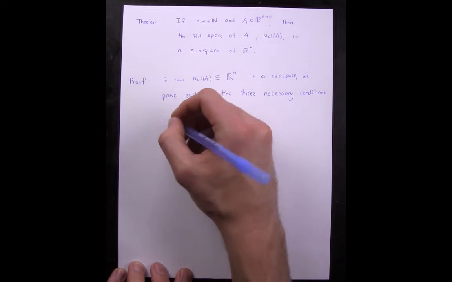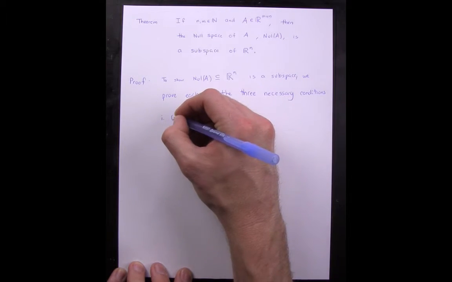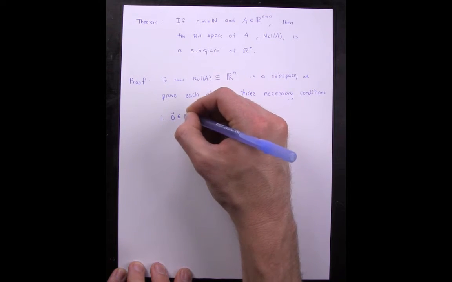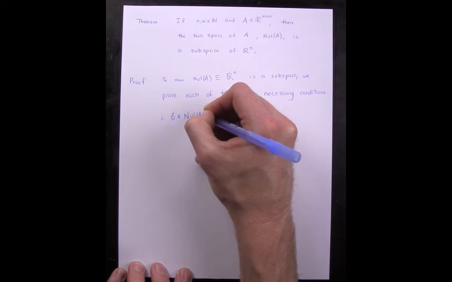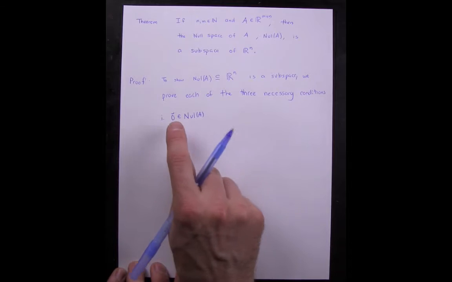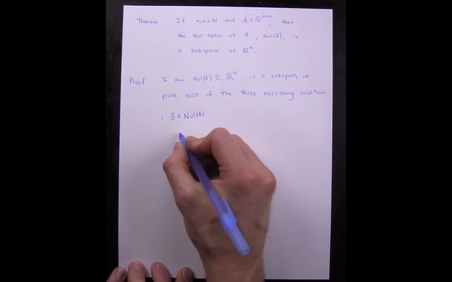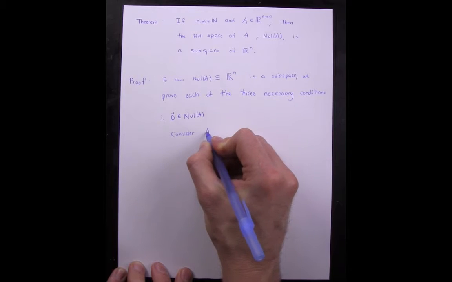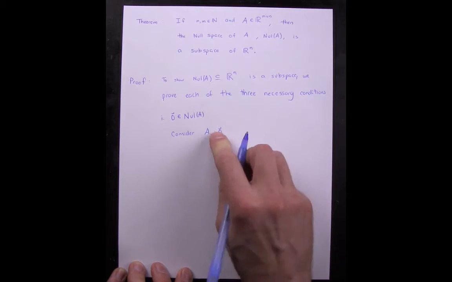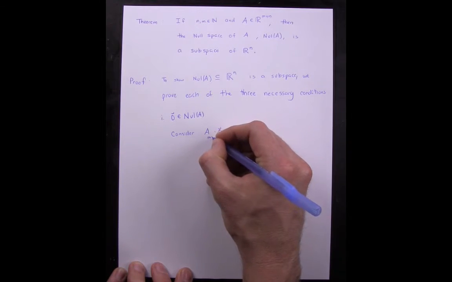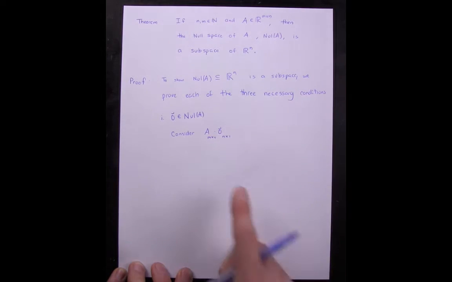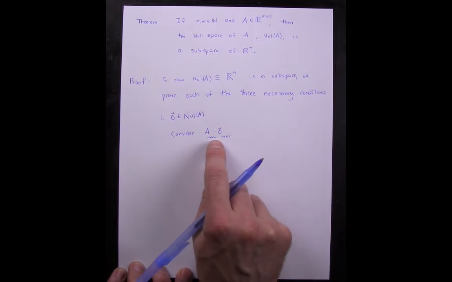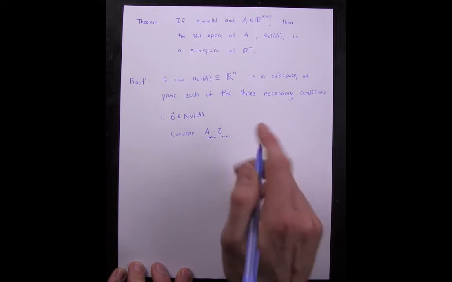Number one, we need to show that 0 is an element of the null space. Well, to do this, let's consider A times 0. In this case, this 0 would of course be of size n by 1, because in order to do this matrix multiplication, the inner dimensions must agree.